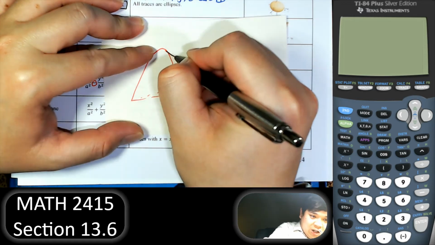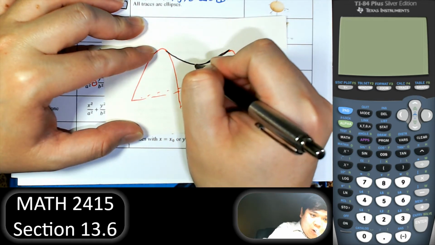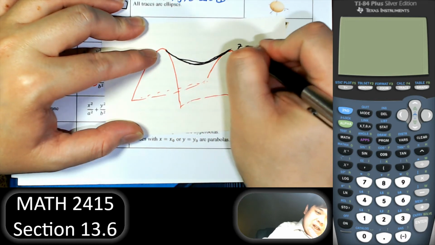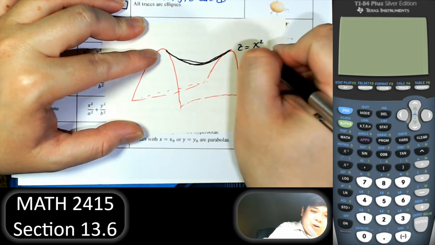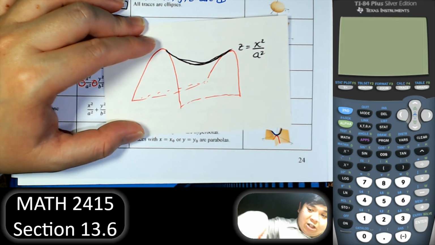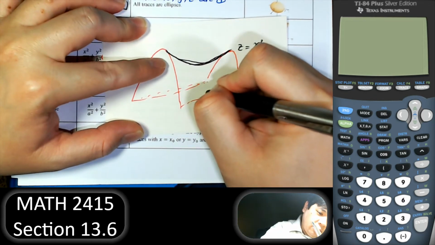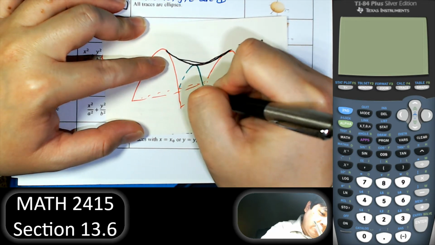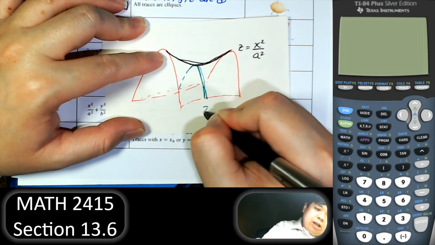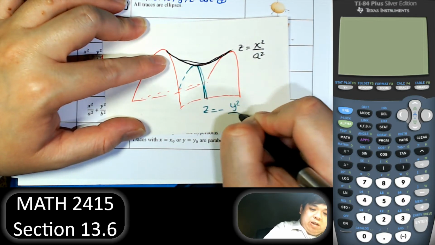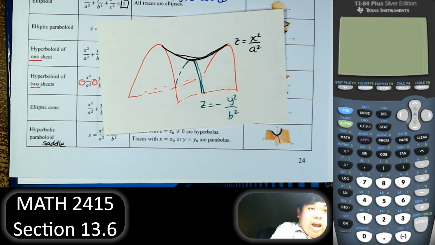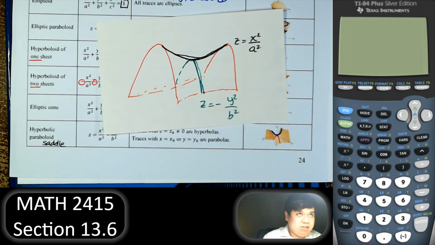Notice that in one direction the parabola opens up, because here z equals x squared over a squared, but in the other direction z equals negative y squared over b squared. This parabola opens down. So one parabola opens up, one parabola opens down. That's why we call this a saddle, because it looks like a saddle.